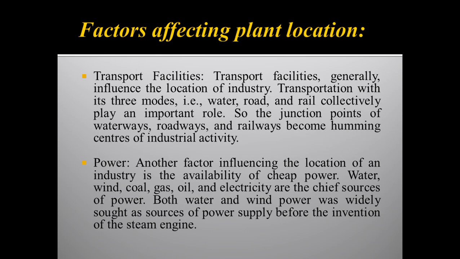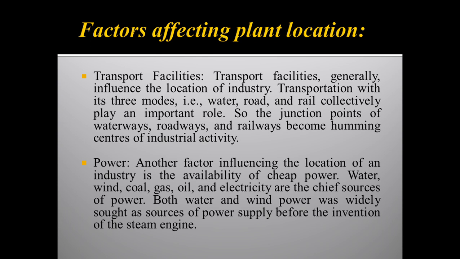Then the next factor that is going to affect the plant location decision is transport facility. Transport facilities generally influence the location of industry. Transportation with these three modes, that is water, road and rail, collectively plays an important role. So the junction points of waterways, roadways and railways become humming centers of industrial activity.